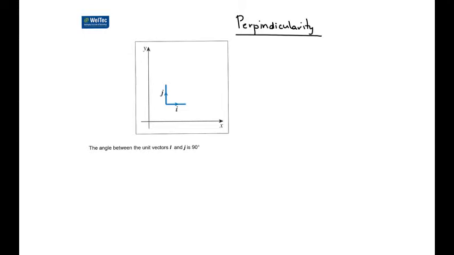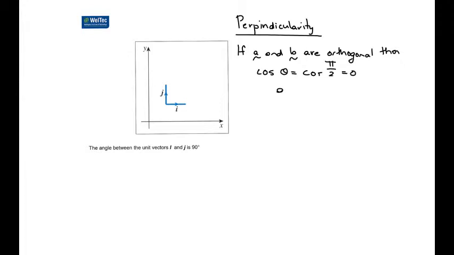If we've got two vectors that are at right angles, then the angle between them is 90, and in that case the cosine of the angle between them will be the cosine of 90, which will be 0.